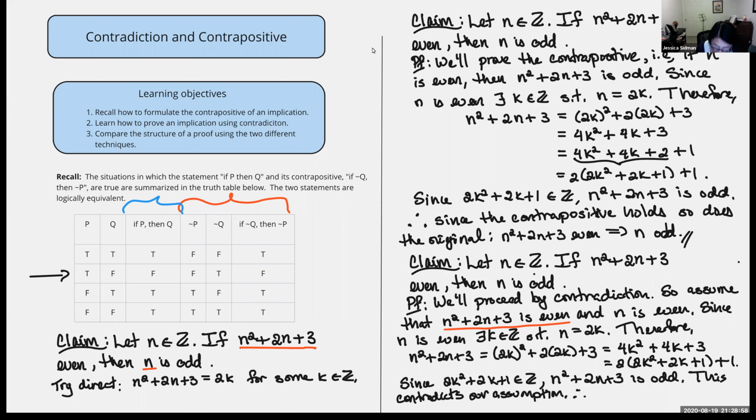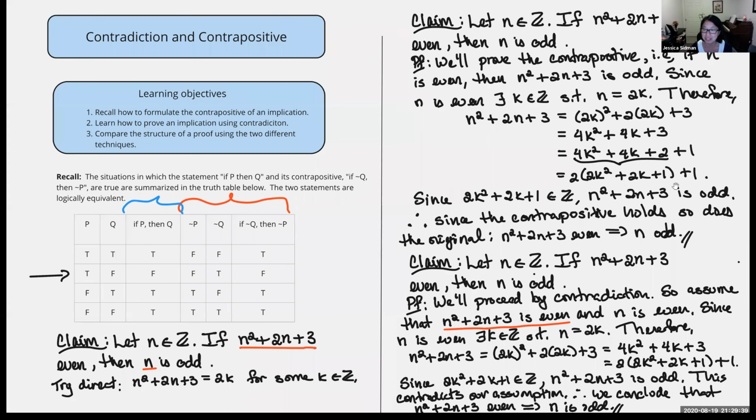Therefore, we conclude that n squared plus 2n plus 3 even must imply that n is odd, because certainly if we assume n squared plus 2n plus 3 is even and that n is even, we get this absurdity, right?